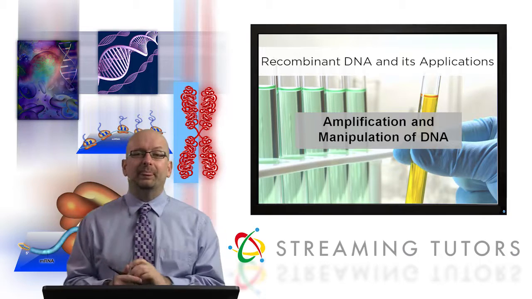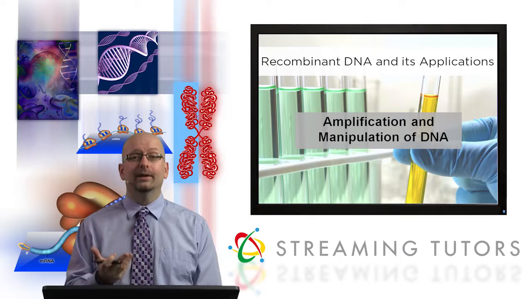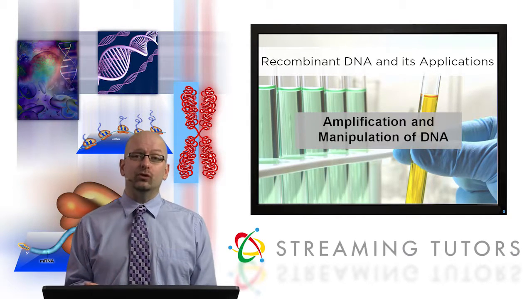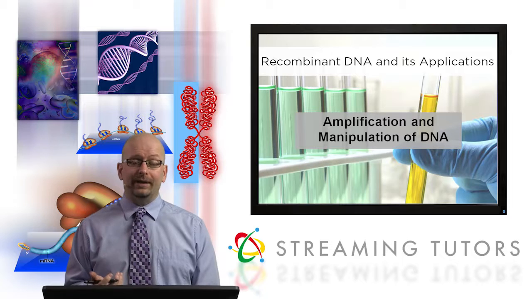Okay, well, I hope that was an informative and fun discussion of some of the basic ideas and principles and tools and procedures in modern molecular biology using recombinant DNA technology.